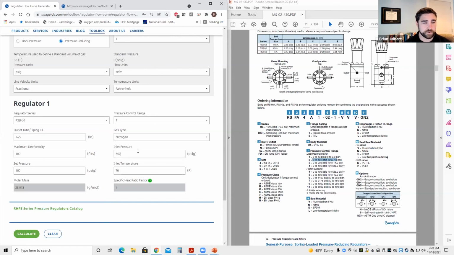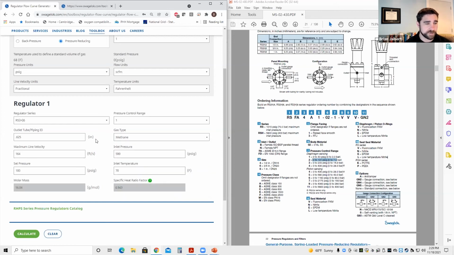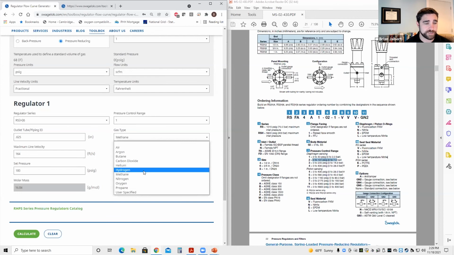The other thing that this tool automatically does is all of the different gas correction factors for you. So if we wanted to run methane through this system instead of nitrogen, it would automatically put in the recommended line velocity, which is that velocity I was talking about downstream of the regulator. Methane flows fairly fast, especially gases like hydrogen and helium.